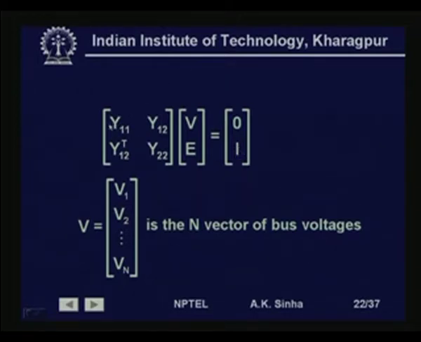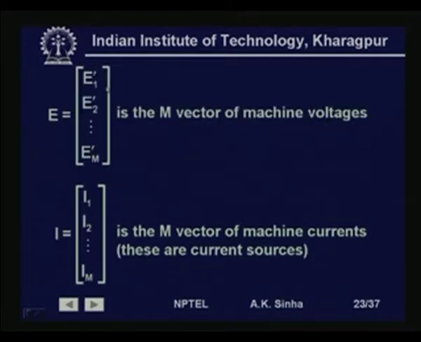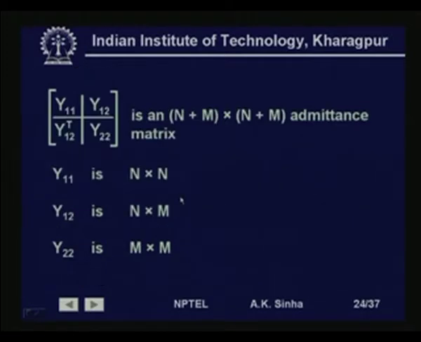So, we have the system relationship which is YV equals I as written here, where V1 to Vn is the n vector of bus voltages for the n bus system, E1' to EM' is the m vector of machine internal voltages, and I1 to Im is the m vector of the machine currents. These currents are current sources, that is current injection into the network.